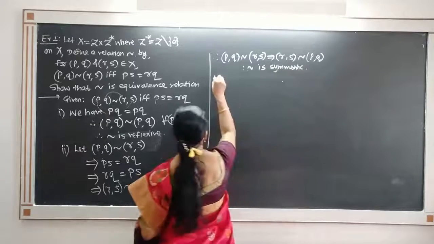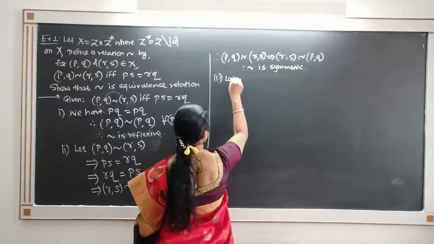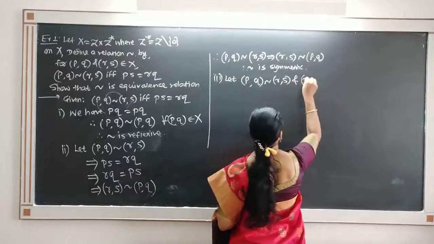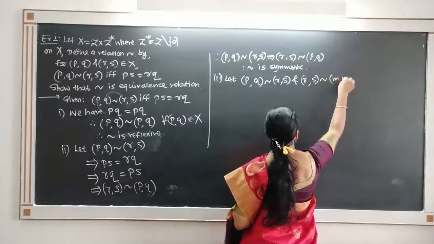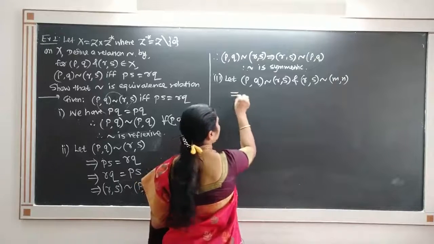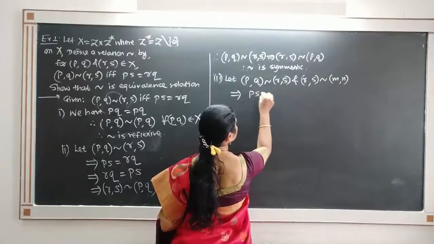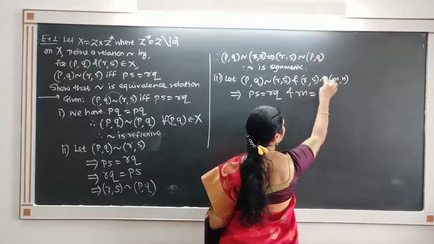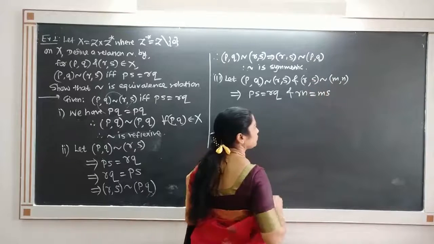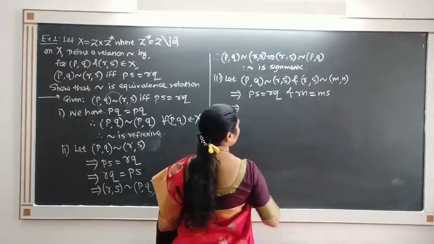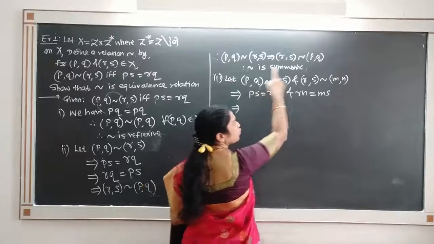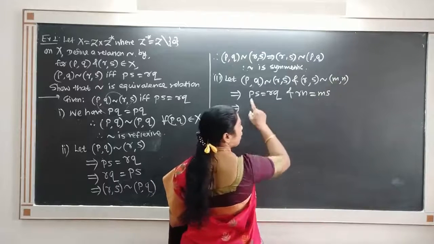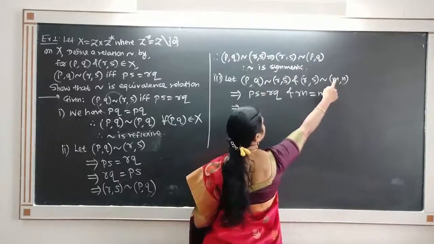Now we want to check whether the relation is transitive. Suppose (p,q) is related to (r,s) and (r,s) is related to (m,n). Then this implies that ps is the same as rq, and rn is the same as ms. Now see what we want: (p,q) should be related with (m,n), which happens if and only if pn is equal to mq.